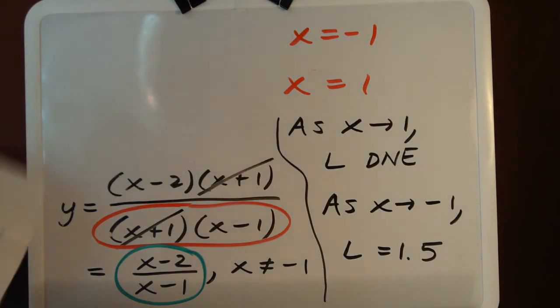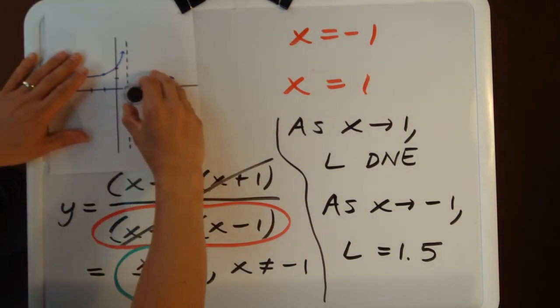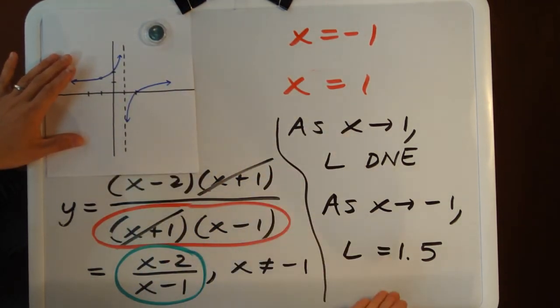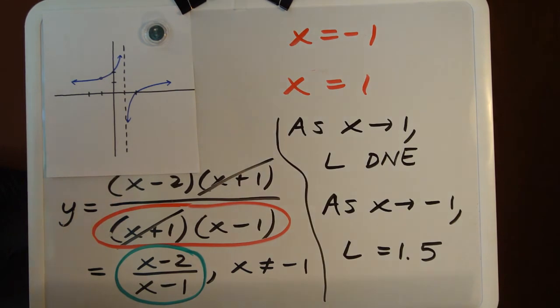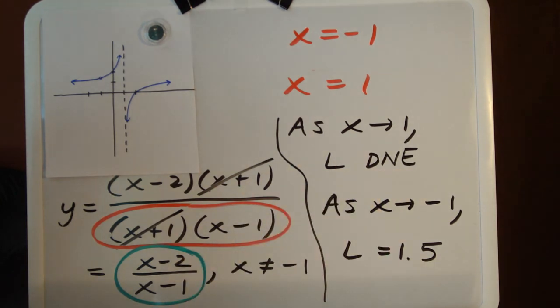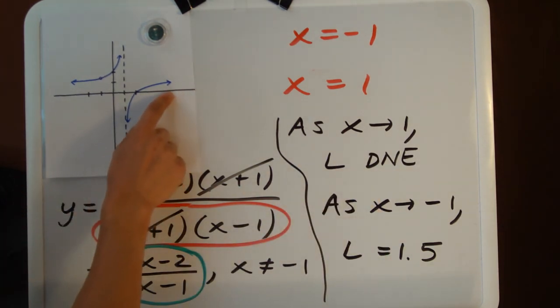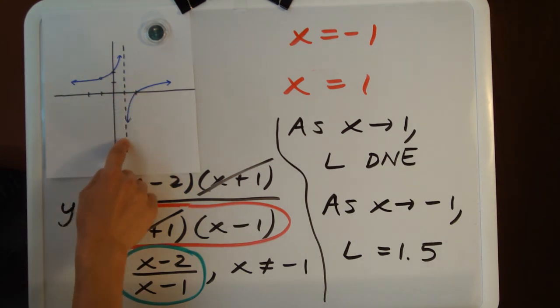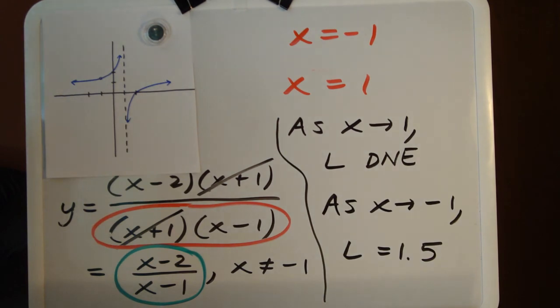So something I want to do here is just to put the graph up here, so that way you can connect what happened in the table and what's happening analytically, with the algebra that we're doing. As x approaches 1, we found that the limit failed to exist. If you look at this graph, as we approach x equals 1 from the right or from the left, notice that the values are both dropping and increasing without bound.